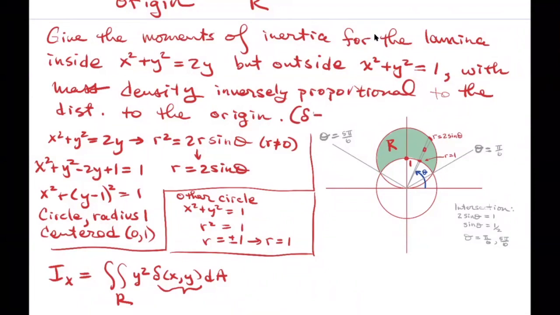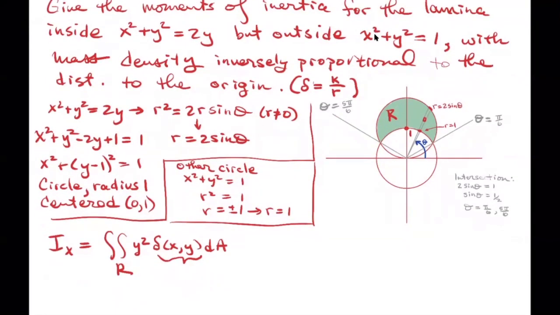Anyway, density is inversely proportional to the distance to the origin. Distance to the origin is just r. Inversely proportional means it's a constant times 1 over r. That's your density function.